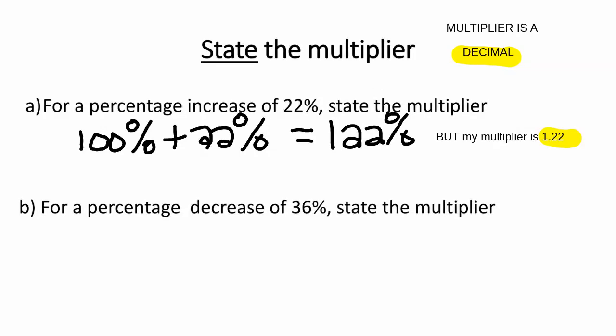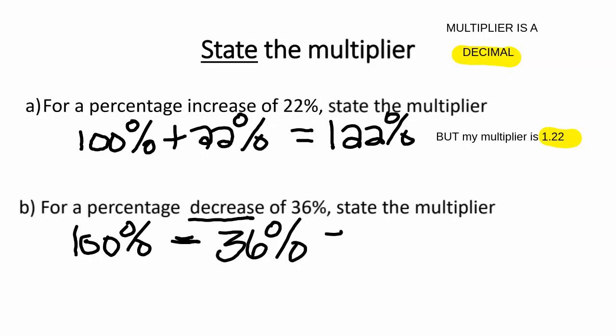Now, same thing for B. It's just another way of rephrasing the question. And it's saying 100%. Now, decrease means minus 36%. Now, this will give me 64%. But my multiplier is 0.64.